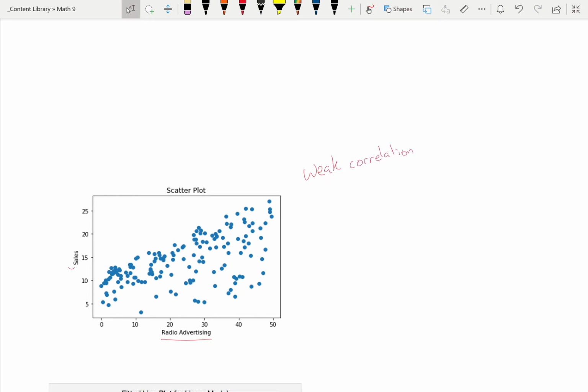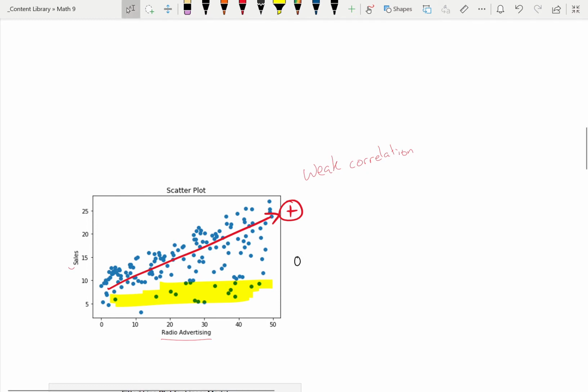There is a correlation though. I can definitely see this sort of positive correlation, that as radio advertising goes up, sales do increase. But there are all of these points down below that don't really seem to be impacted.